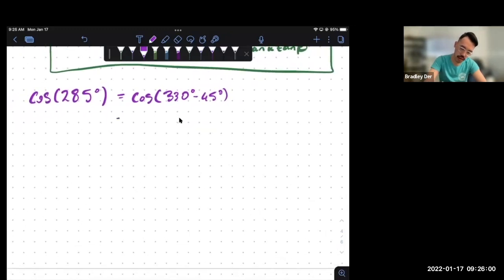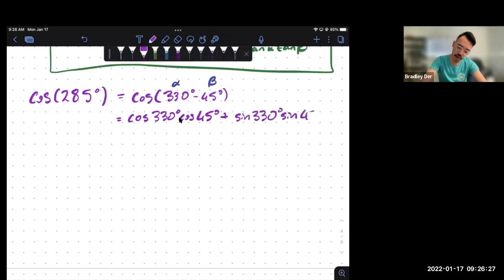So based on our formula, we would have cosine alpha, cosine beta. I'm just going to label these alpha and beta. We have a difference of angles. We're subtracting here, which means that we'll need to add here. Sine alpha, sine beta.